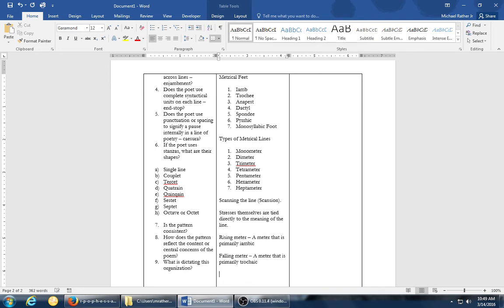And I want you to keep in mind that the sonic element, the oral element of poetry, is also a physical element, because when you read the poem out loud to yourself, it causes you to read it differently, to think about it differently.